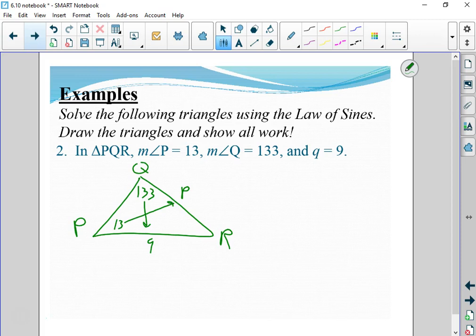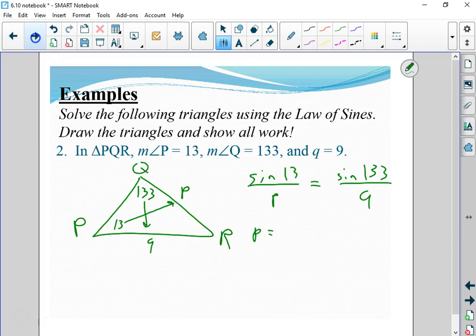So side QR should be less than 9. So again, sine of 13 over the unknown is equal to the sine of 133 over 9.